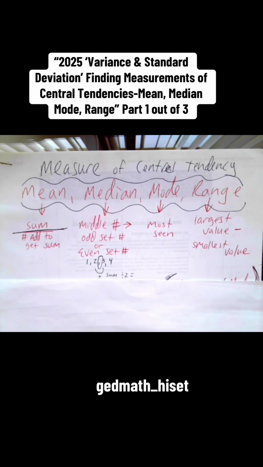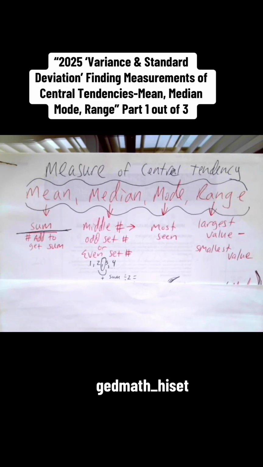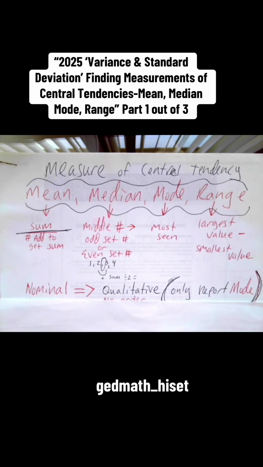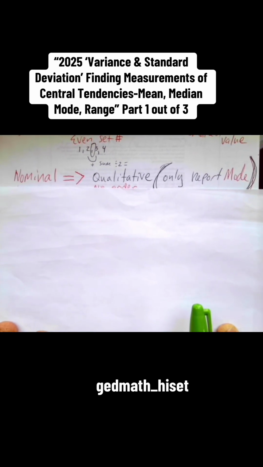So that's an example. And again, the rest of this particular video will be going over different terms and definitions. If you need more information on mean, median, mode, and range, please, again, check out my videos. They have been posted. So let's take a look at some of these definitions and terms.